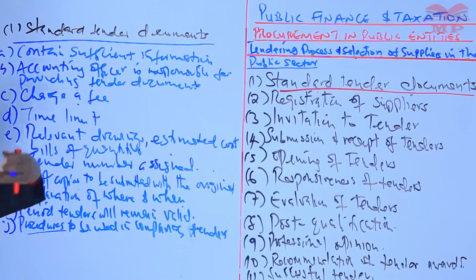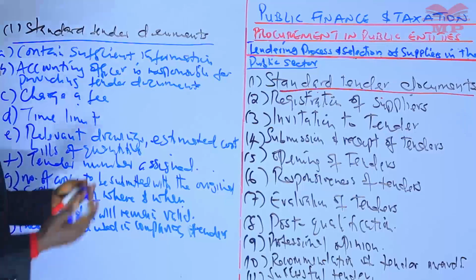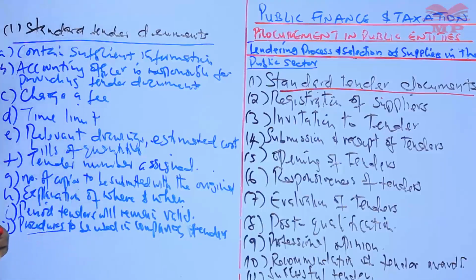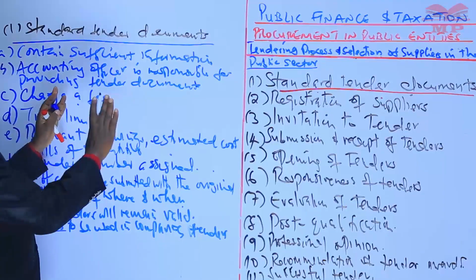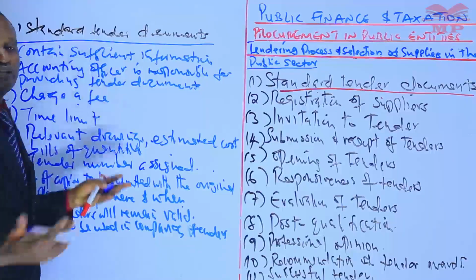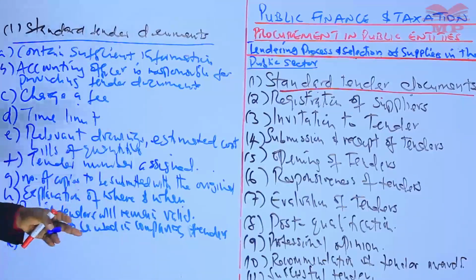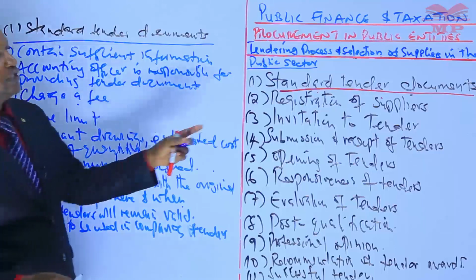The procedures and criteria to be used to evaluate and compare tenders, that has to be clear. I, J, K, candidates, we are discussing the standard tender documents. What information is required within the documents before we move to the next step.